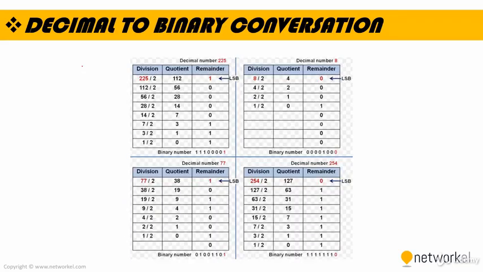And if I want to convert from decimal to binary, what am I going to do? Here we have a reverse logic. For example, if I want to convert 225 to binary, I'm dividing the numbers serially by 2. 225 divided by 2, and as you know, the quotient is 112 and the remainder is 1.